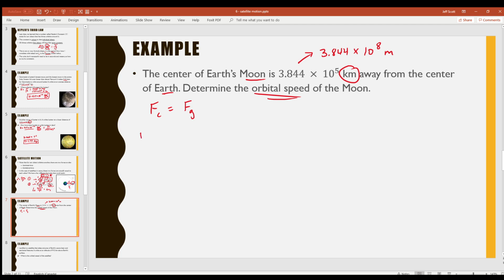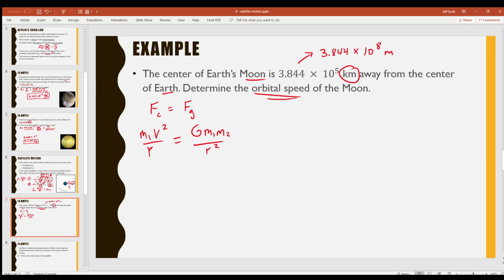In other words, m1, that's the mass of your satellite, or in this case the moon, times by velocity squared over r. There we go. This is going to equal our gravitational force formula, and we always, for space, use that really bulky one, capital G m1 m2 over r squared.